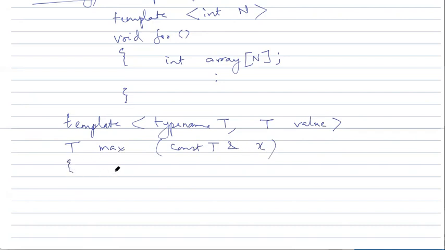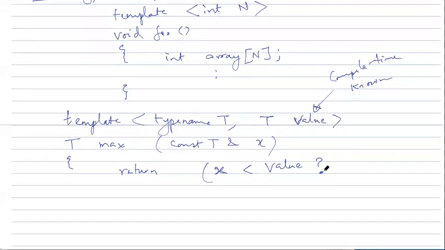And here you want to return whether x is less than value, this value. In other words, this is a compile-time known value. That's why you are allowing for this. So if so, then you return value, otherwise you return x, right?